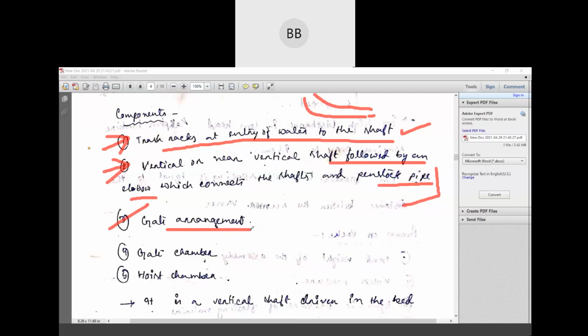Then we have gate arrangement, gate chamber, and hoist chamber, where we have hoisting cables to operate the gates. The hoist chamber is the chamber where we have hoisting cables and we control the gates from that chamber.